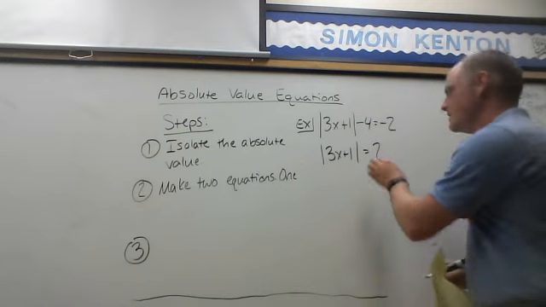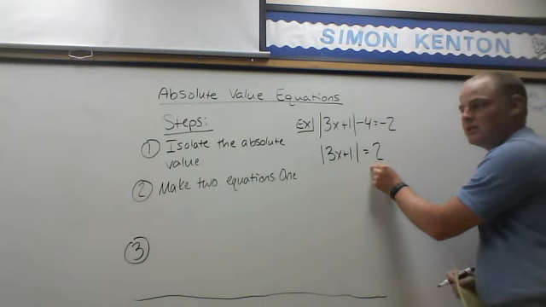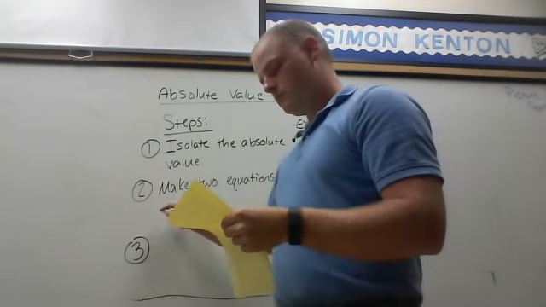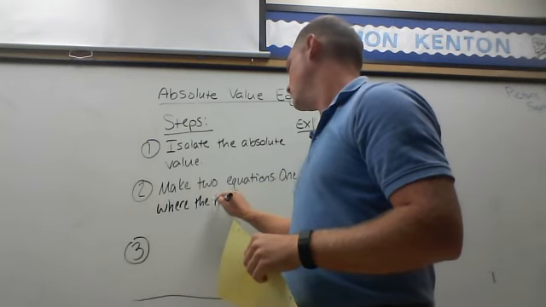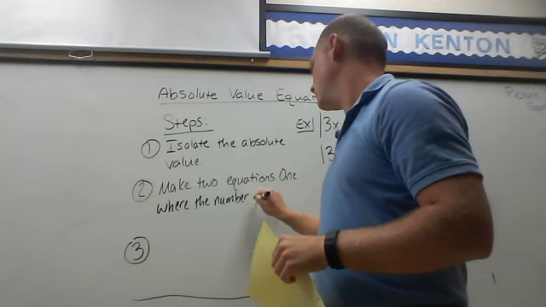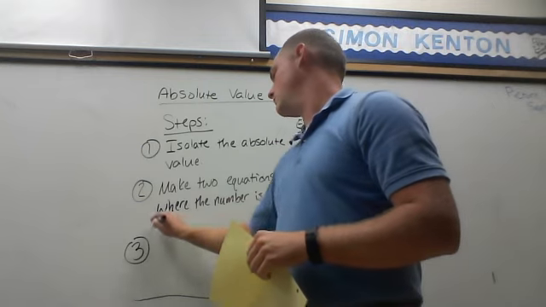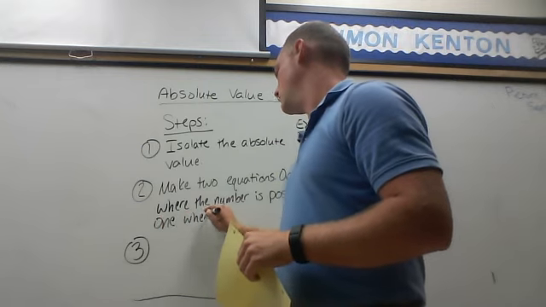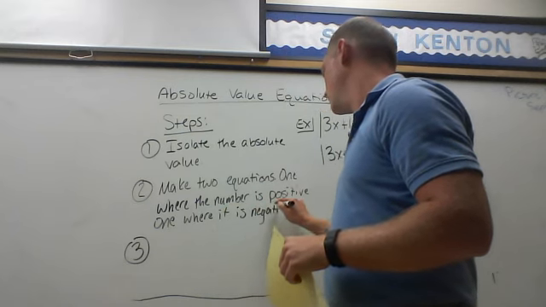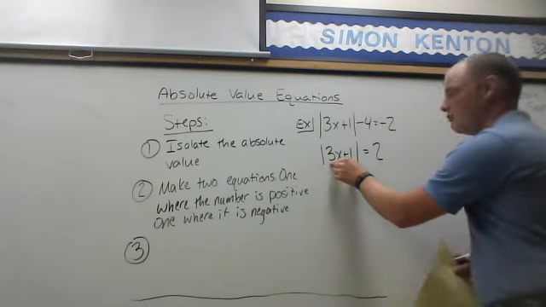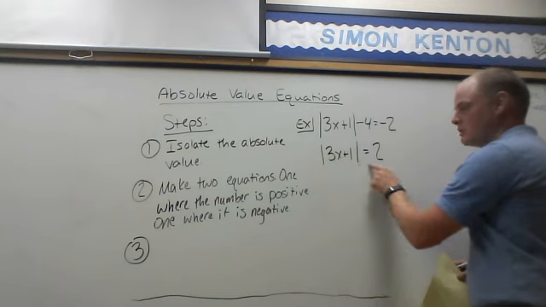The second step is you want to make two equations. One equation, this number is going to be positive, and in the second equation, this number is going to be negative. So that would mean 3x plus 1 is equal to a positive 2, and 3x plus 1 is equal to a negative 2.